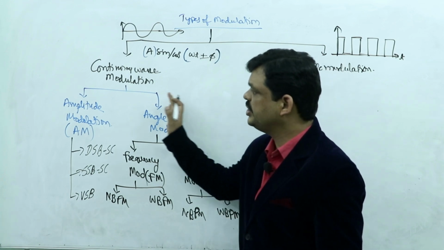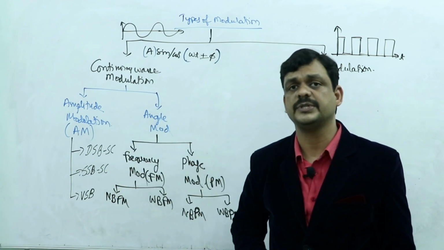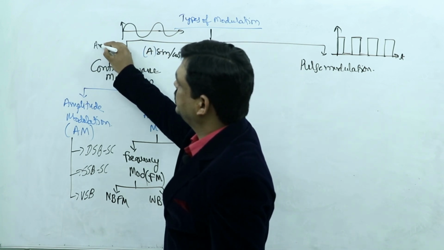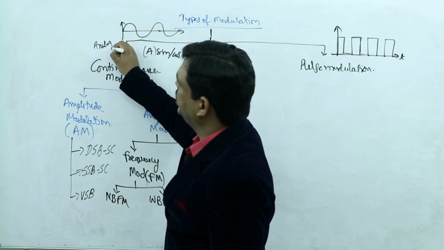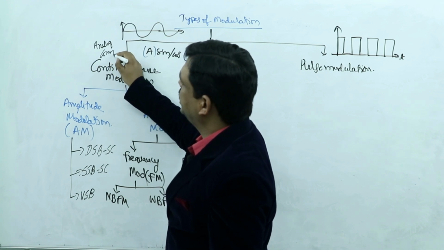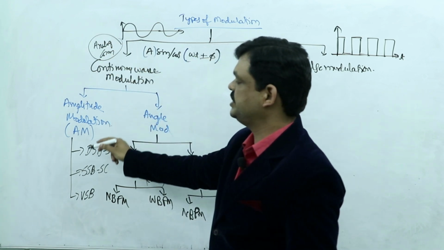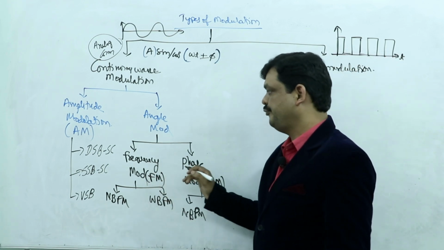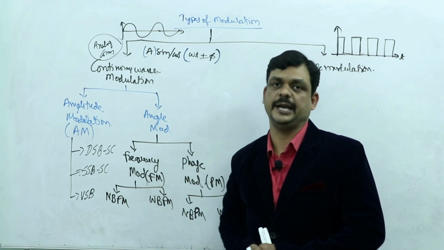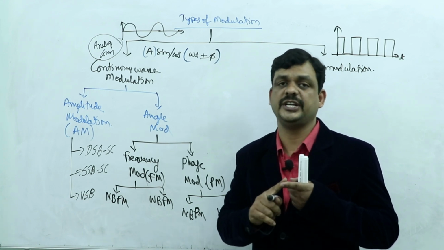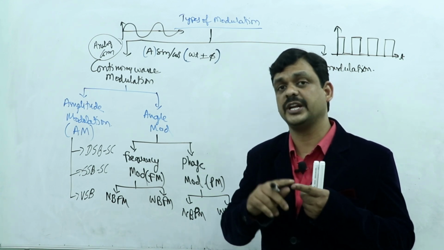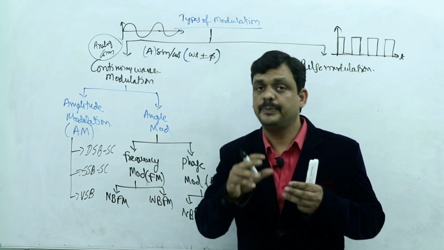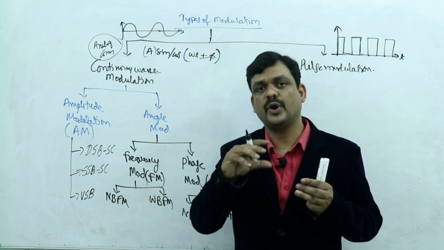So these modulation techniques come under analog communication. Our subject name is analog communication. This analog communication completely deals with these topics: amplitude modulation, frequency modulation, phase modulation, and their internal types. And for each modulation technique: graphical representation, functional representation, power calculations, and important characteristics.